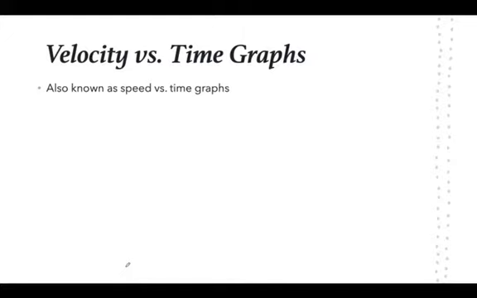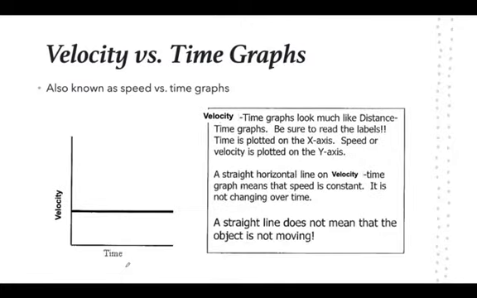All right, so the first thing that we have to look at is where do we place our quantities? What quantity goes on each axis? And since time pretty much always goes on the x-axis, that means that velocity would go on the y-axis.